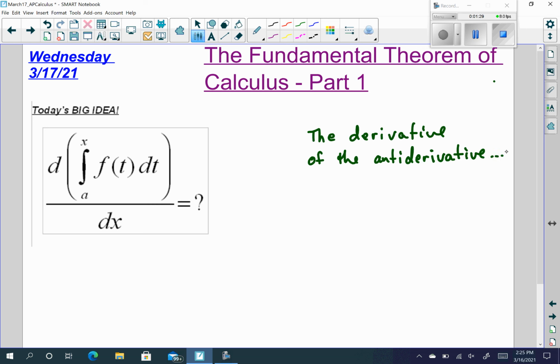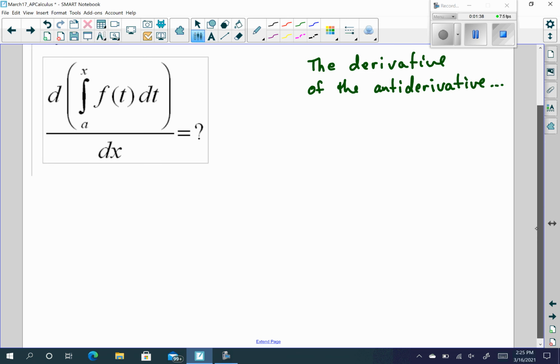Now you would think they sound like inverse operations, right? You would think things would cancel out, and they will, but in a unique way. So we're going to go through this process.